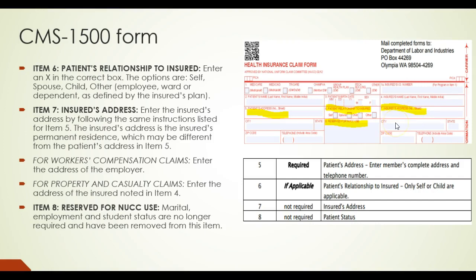And then in box 8, this is not usually required. That is no longer required, and it should have been removed already. It'll say reserved, but it's not required.